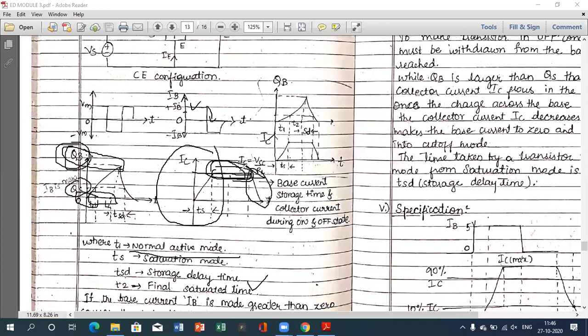Similarly, when the base current reaches 0, the collector current starts falling towards 0, and the charge across the base also starts reducing and reaches 0. At this time, the transistor reaches the cutoff region and is in the off state.